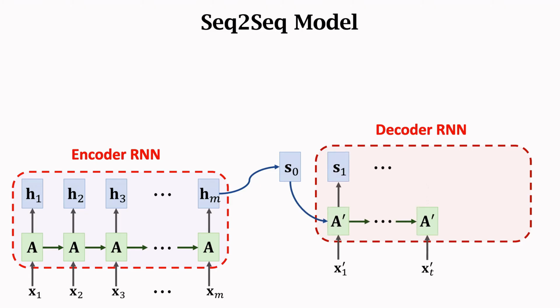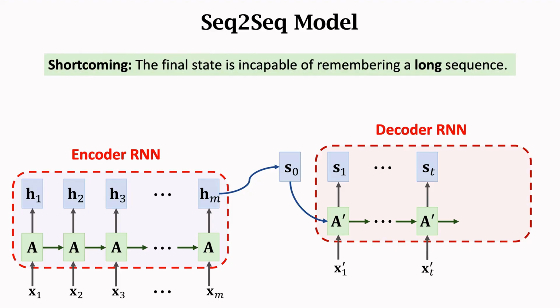In each step, it generates one German word, and the generated word becomes the next input. In this way, the decoder generates a German sentence. Note that hm is all the information the decoder used for generating the German sentence. The decoder does not directly see the English sentence. The translation is entirely based on hm.